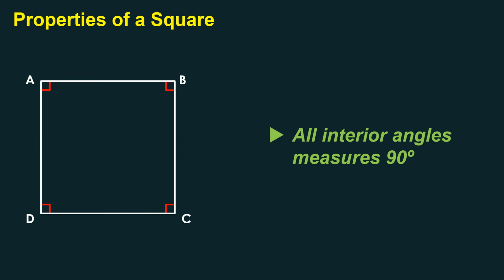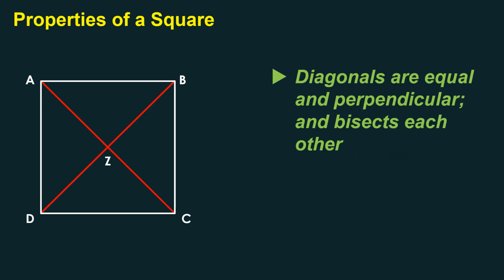Next property of a square. All interior angles measure 90 degrees. Next property. Diagonals are equal and perpendicular and bisect each other. When you say perpendicular, at the intersection point we can create a 90 degree angle in here, as they are perpendicular to each other.